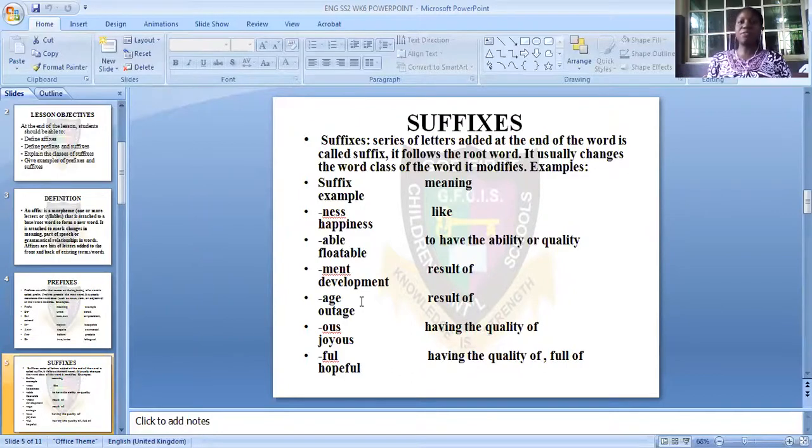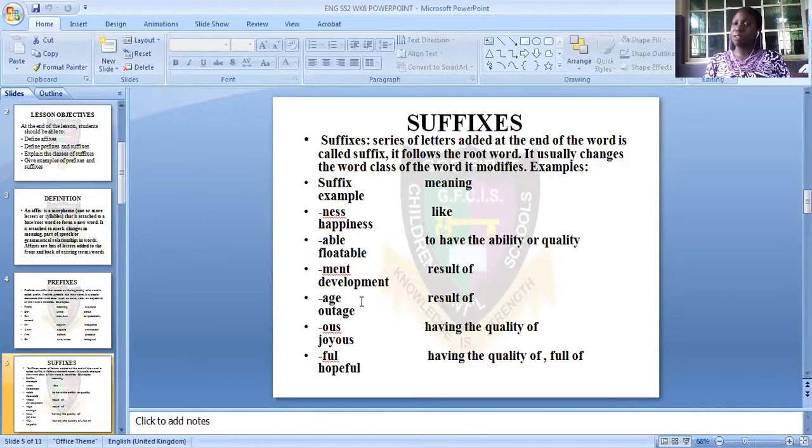All right, so what are suffixes? A series of letters added at the end of the root word, the base word, is called a suffix. It follows the root word. In the case of a prefix, it comes before the root word, as it precedes the root word.